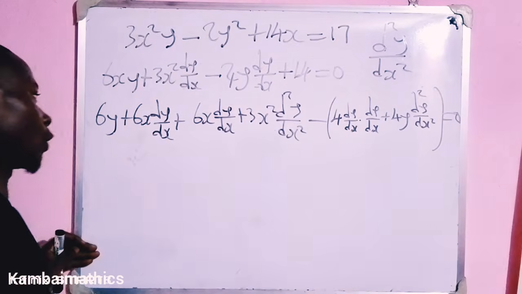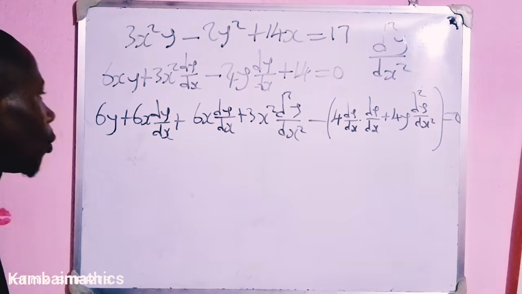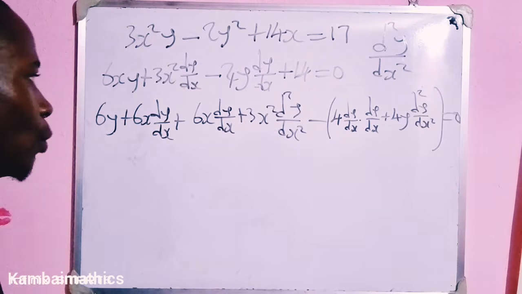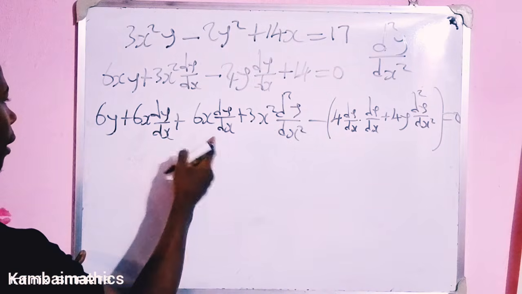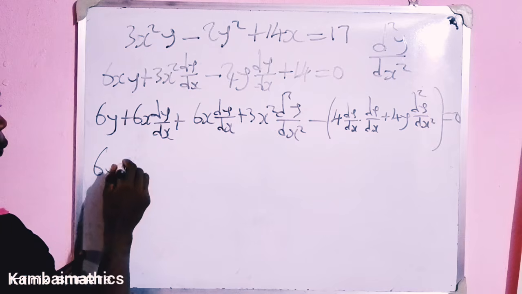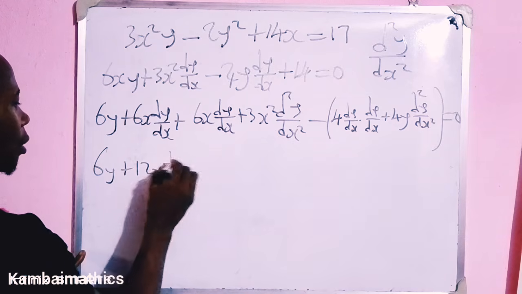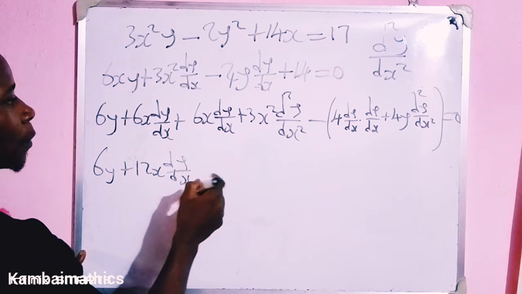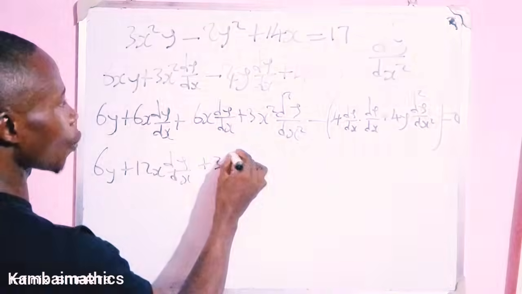So we can now look at those ones that are common so that we will add them together. When you look at this, this is the same. So we have 6y, and in this plus, this will give us plus 12x dy all over dx. And then the d²y one, let's tackle that one. This is 3x² d²y all over dx² minus, this is the same.